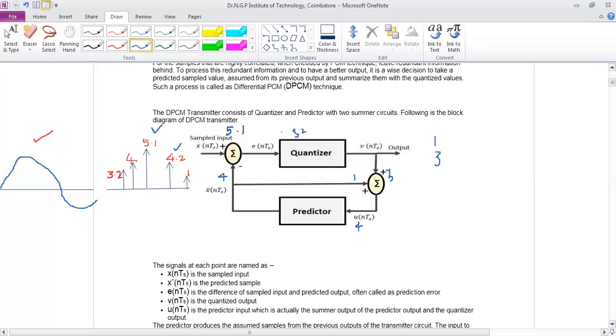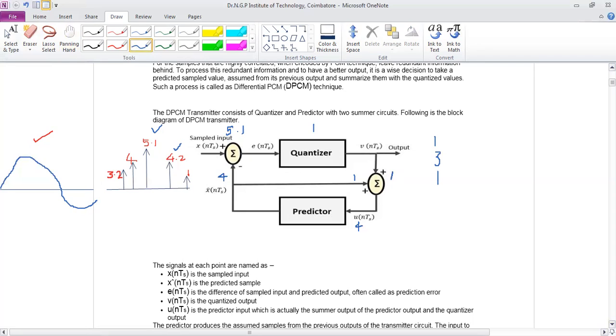Again we take the difference, 5.1 minus 4. So we have around 0.9, and the nearest integer is 1. Therefore, the output will be 1, and the same output is applied to the summer here.